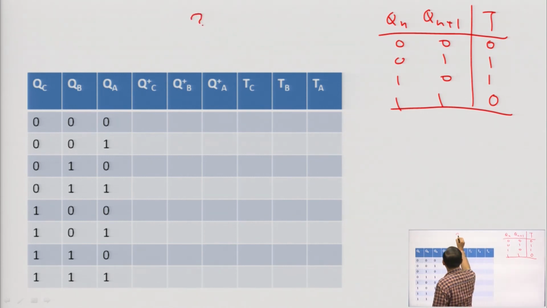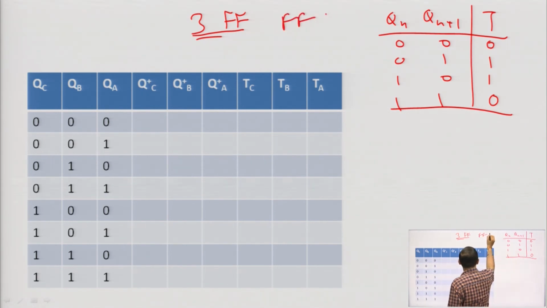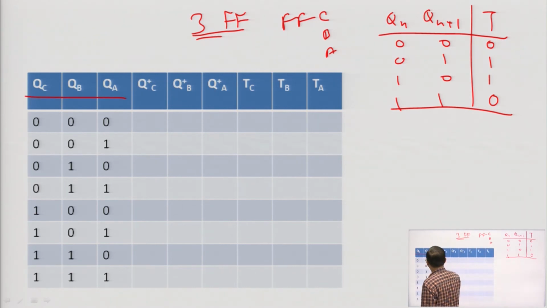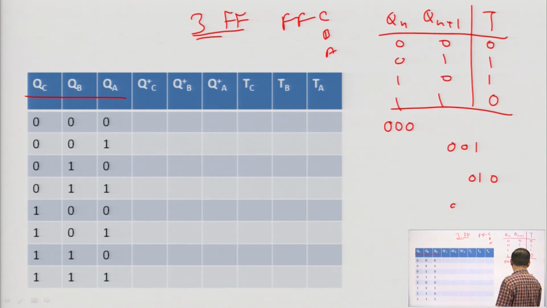Using this, we take 3 flip flops, and T has only one input. So, flip flops C, B and A; these are the present states. The state diagram will be like this: 000, 001, 010, 011, 100, 101, 110, 111.